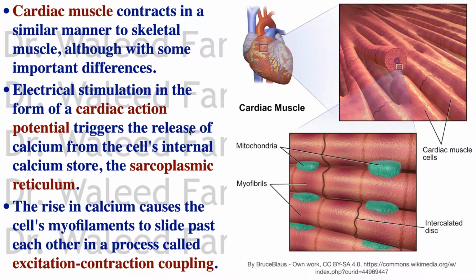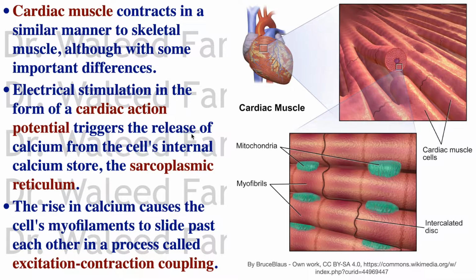The cardiac muscle resembles the skeletal muscle in its contraction, but there are some differences. The stimulation of the cardiac muscle results in a cardiac action potential and the release of calcium afterwards, and the calcium is stored in a special apparatus which is called the sarcoplasmic reticulum all over the heart muscle.